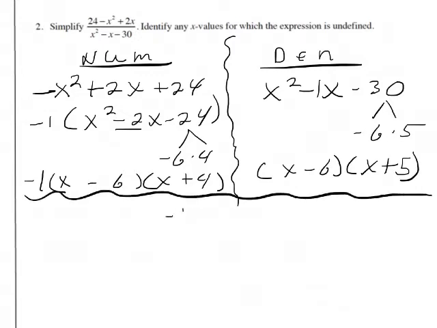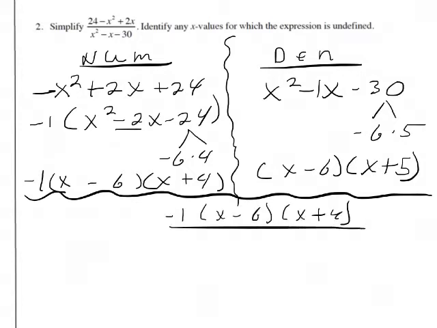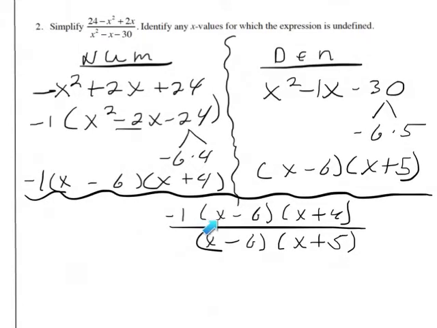I have negative 1 times x minus 6, x plus 4 on the top, and on the bottom I have x minus 6 and x plus 5. Now let's look to see if there's anything that's going to divide out. I see an x minus 6 on top and an x minus 6 on the bottom, so those two will divide out.